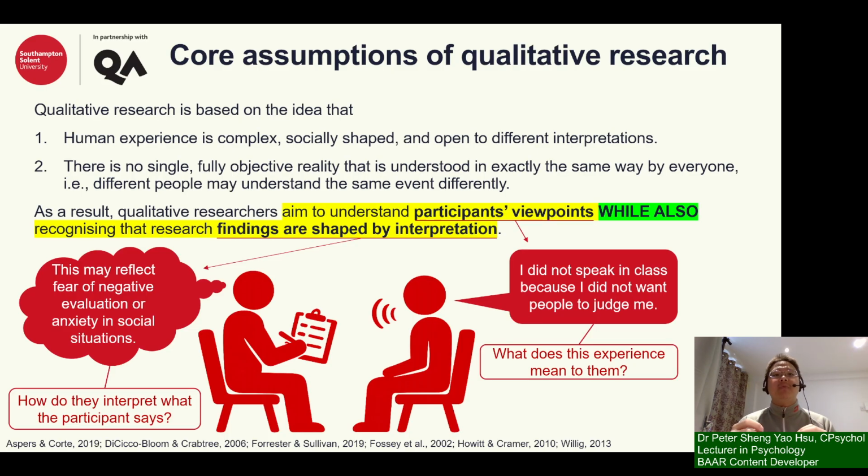A quantitative approach might record this simply as late submission, yes or no. That can be useful in some contexts, especially if we want to identify patterns across a large number of students. However, it does not tell us much about the experience behind the late submission.